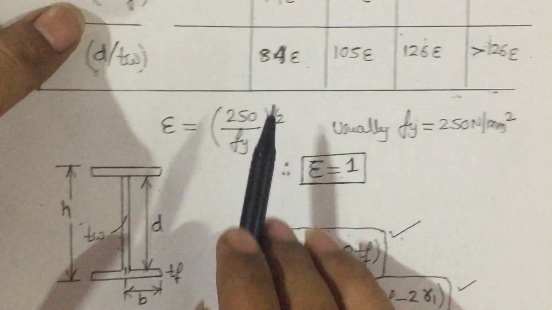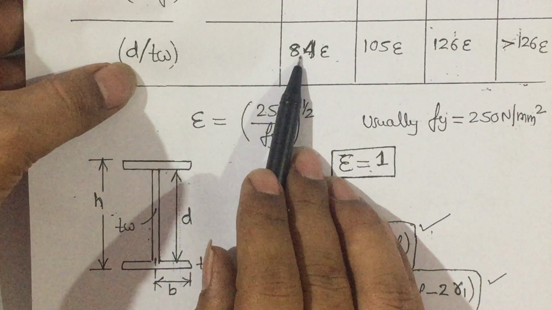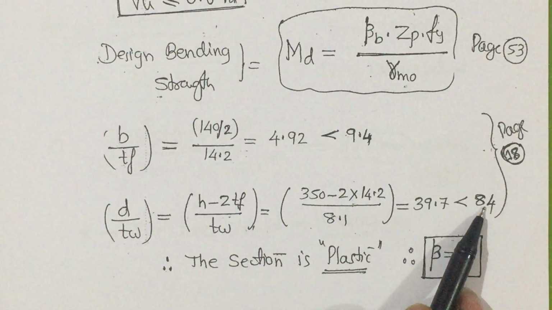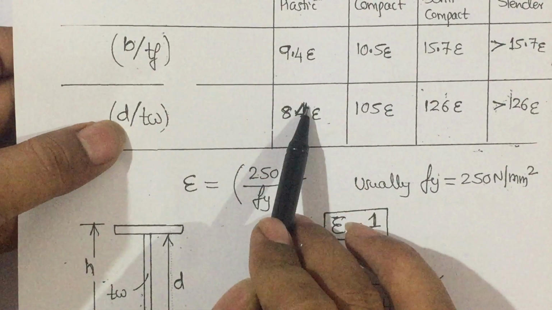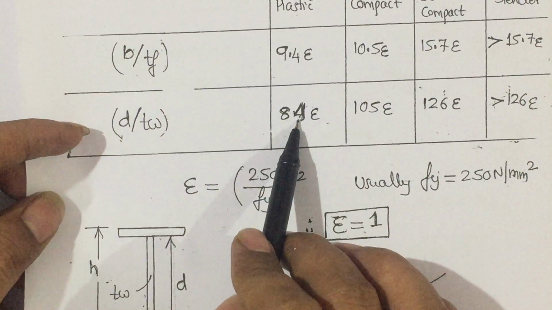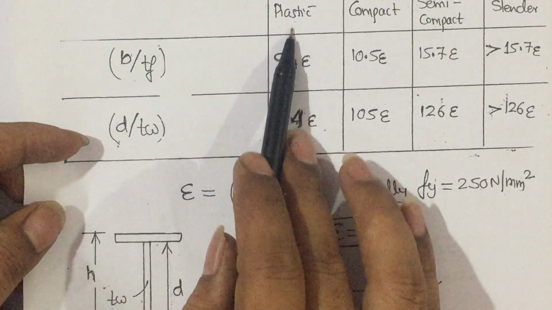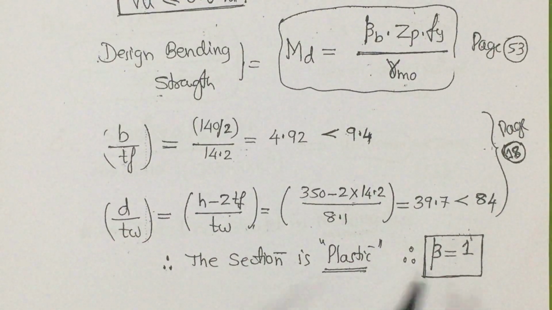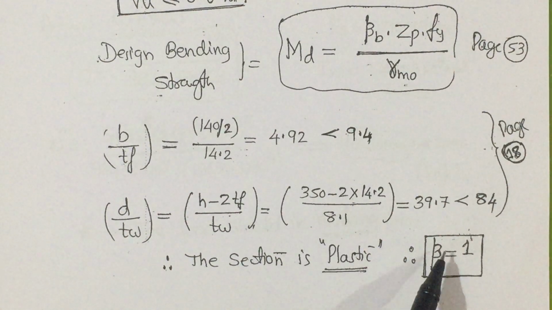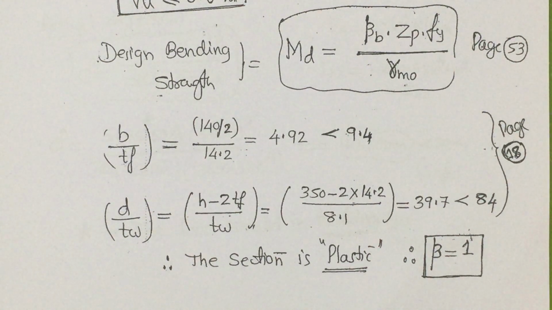Then d by tw is less than 84 epsilon, 84. So, if these values are less than 9.4 and 84 epsilon, it comes under plastic section. So, we can say the section is plastic. Therefore, for plastic and compact section, beta b is equal to 1.